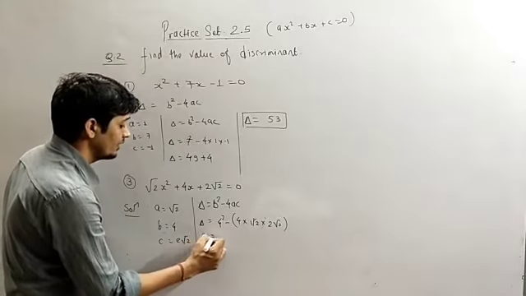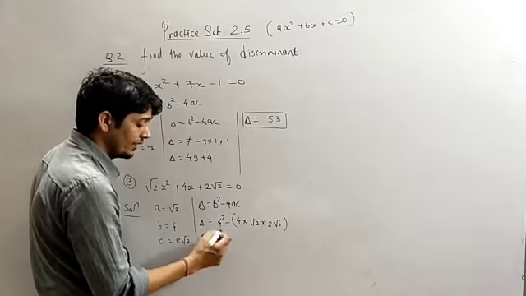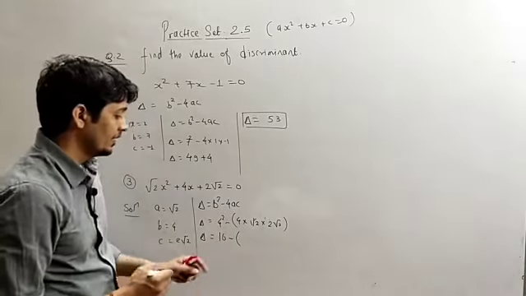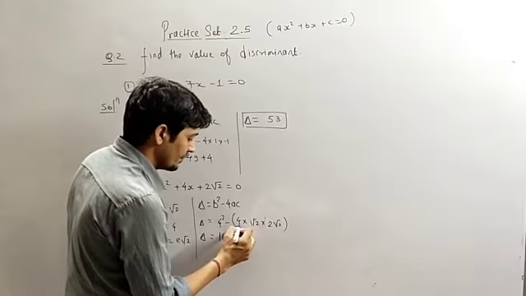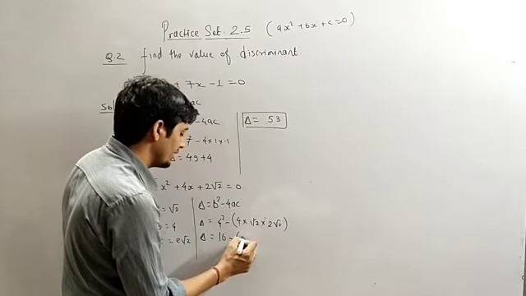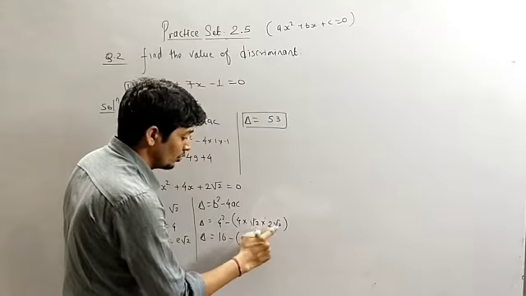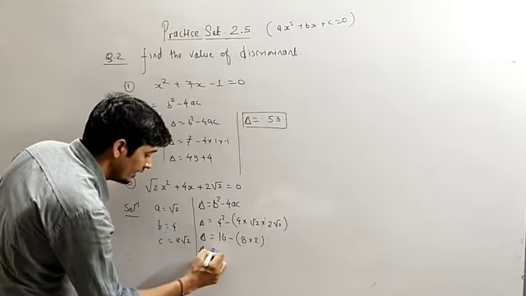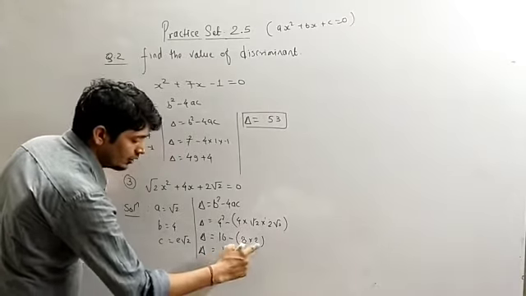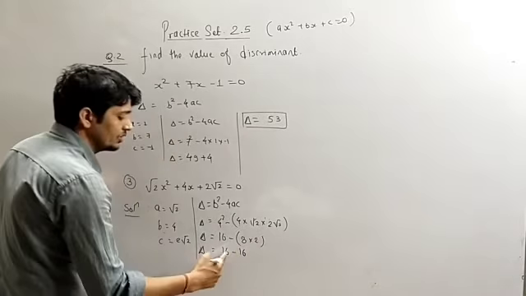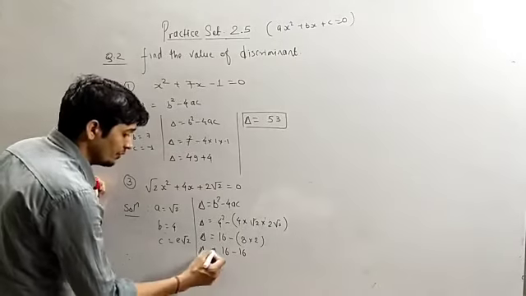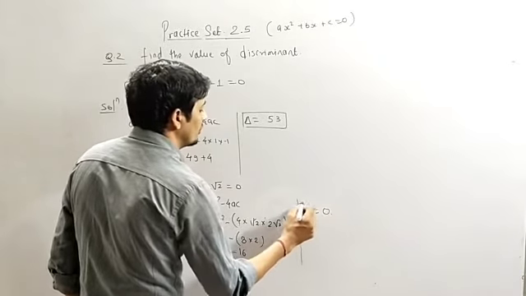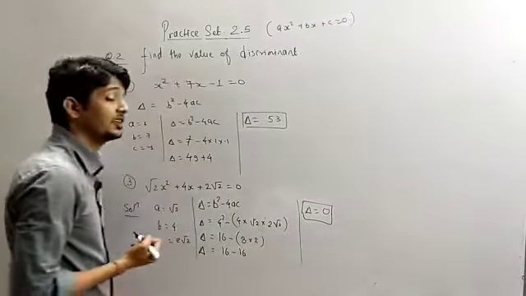So del equals to square of 4 is 16, minus inside the bracket, we have to multiply 4 into 4 is 8 into root 2 into root 2, which is 2. So del equals to 16 minus 8 2's are 16. So 16 minus 16 is 0. So here we have del equals to 0.